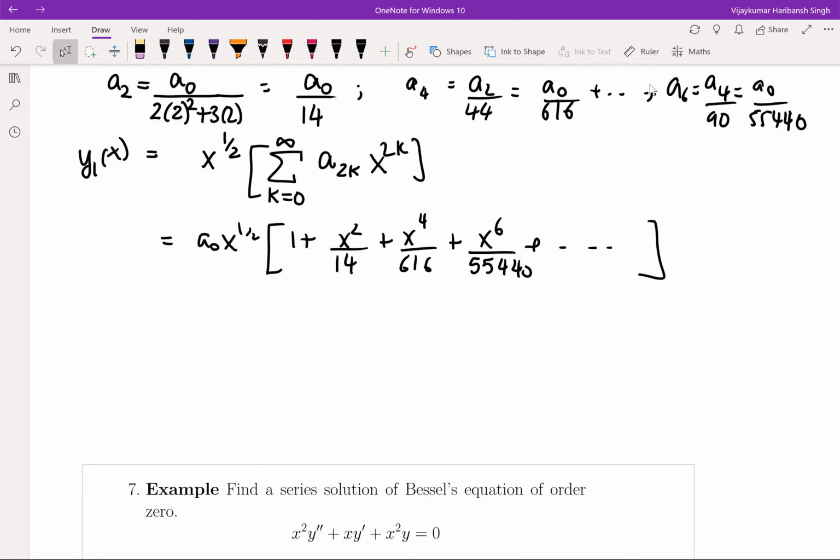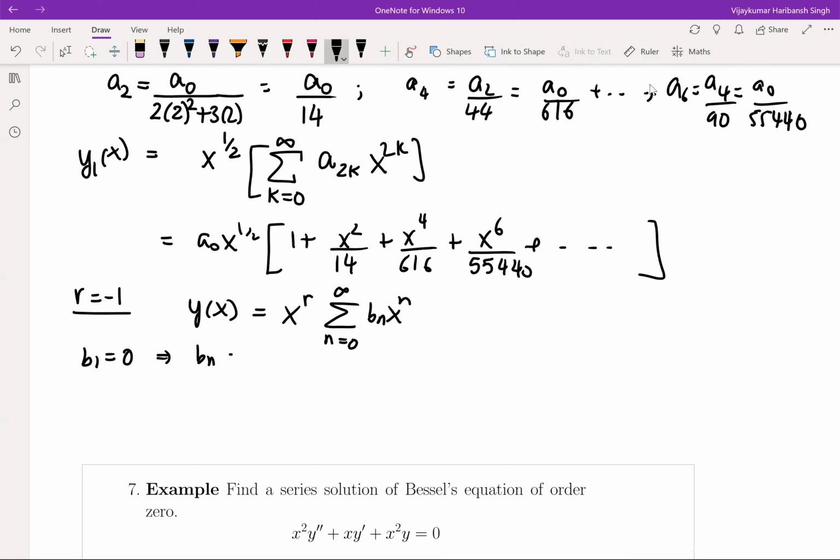Now similarly, let's deal with the case when r equals -1. In that case, what is our solution? The solution is of the form y equals x to the r summation n equals 0 to infinity b_n x to the n. We also have b1 equals 0. So this implies b_n equals 0 for all odd n.